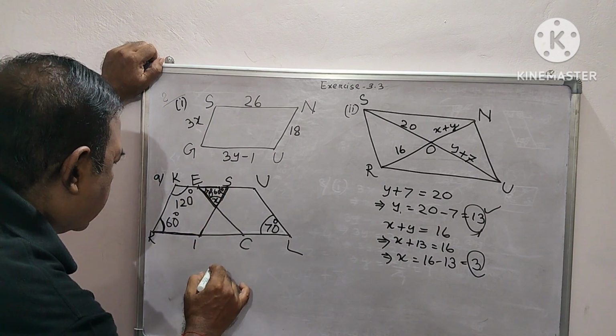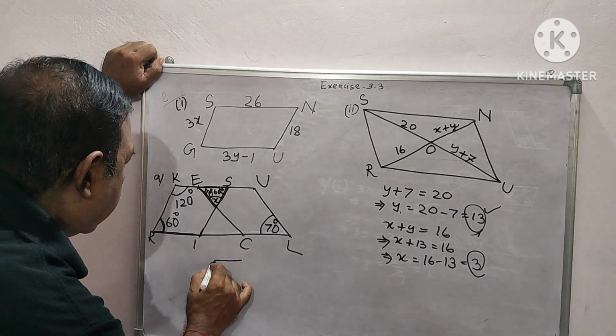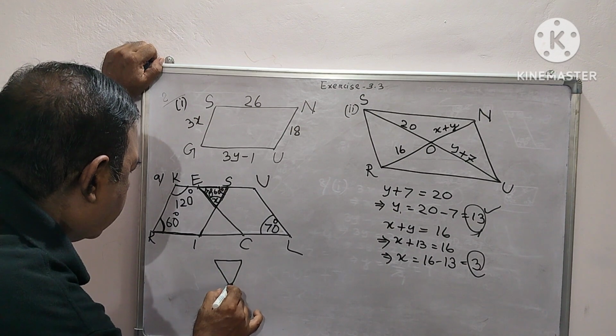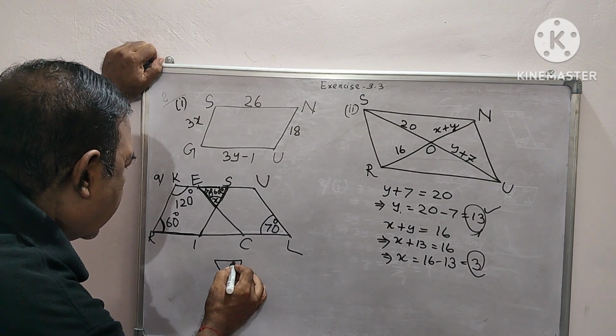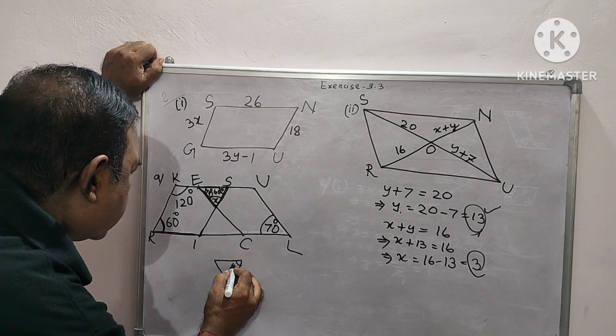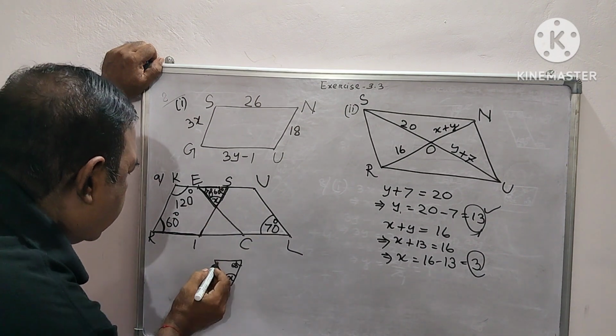So this is the angle, I take it here, this angle. This was x, we have been asked to know its measure, and already we have proved that this one is 60 degree and this one is 70 degree.